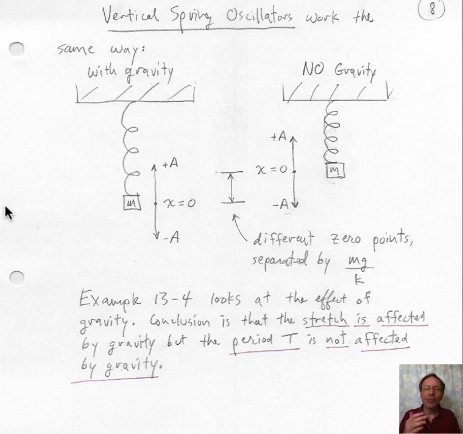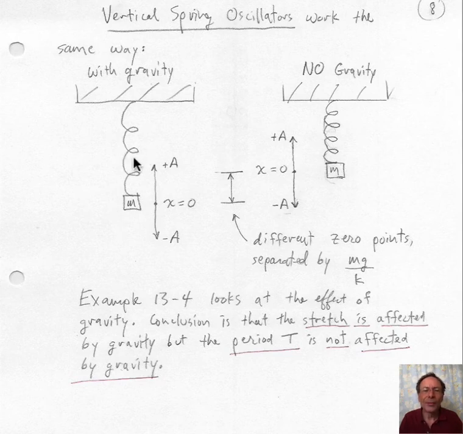But there is a small difference. I mean, when you're talking up and down, we have both the potential energy of the spring and the potential energy of gravity, right? So when you're up high, some of the potential energy is in gravitational potential energy. However, it makes no substantive difference in the way the spring oscillator behaves.